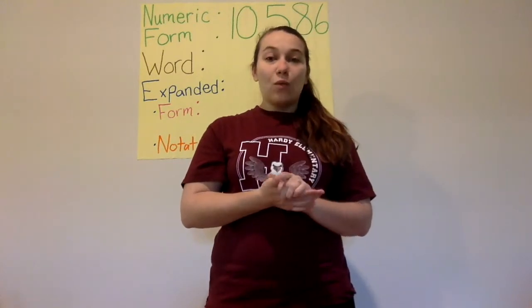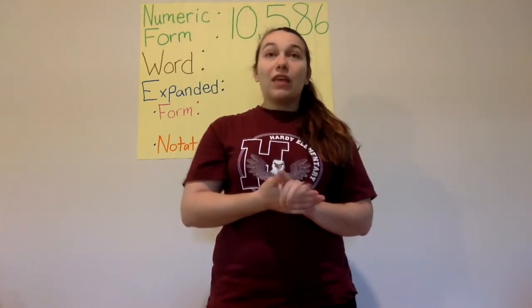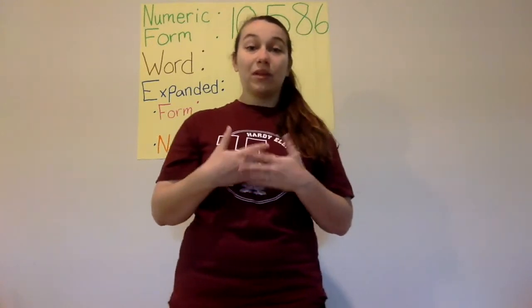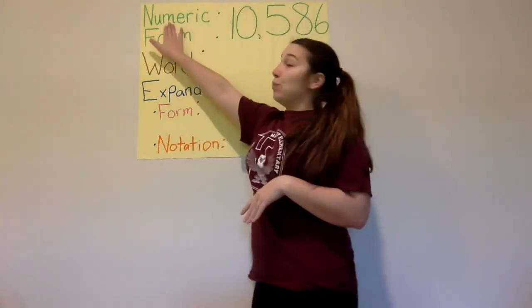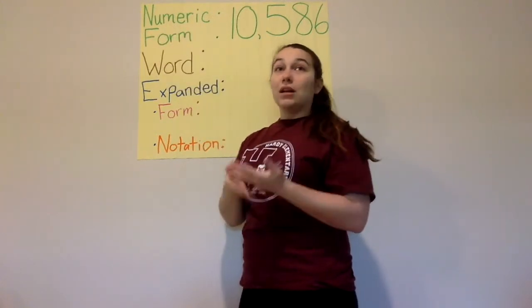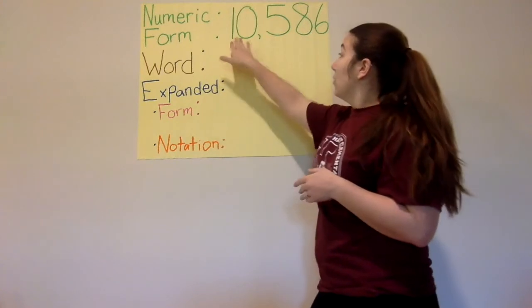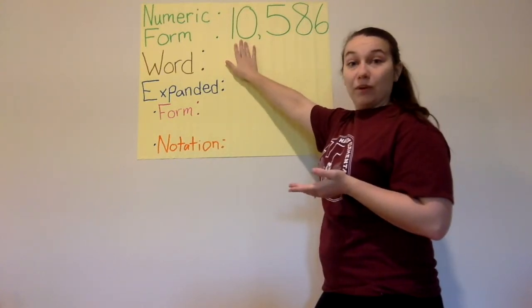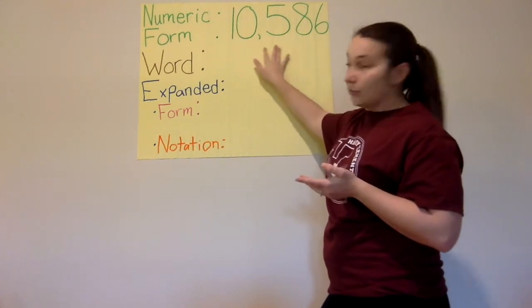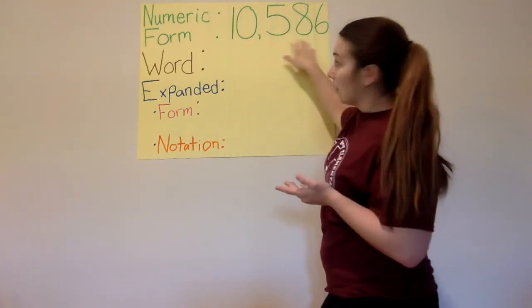So today, we are going to be looking at the different forms that you can see numbers in. So we have numeric form, and that just represents a number in its base form. So, in its actual number form. So take a second, look at this number, okay, and try to figure out how much that is.